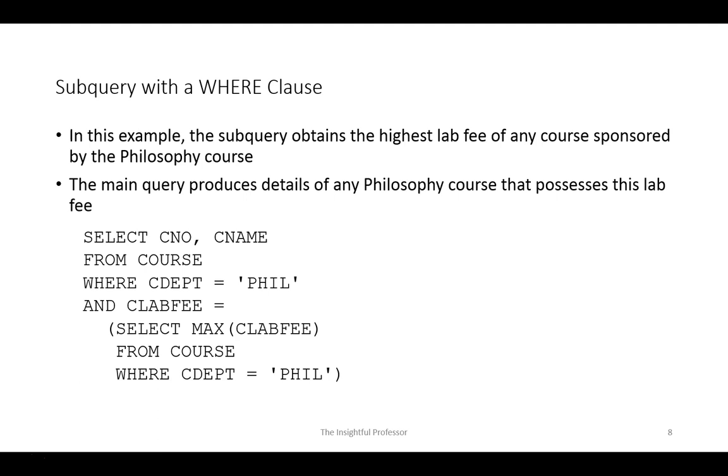So if we only said C department equals philosophy in the main query and omitted that condition from the subquery, it would not be shared, it would not be inherited by the subquery. Likewise, if we had placed the condition only in the subquery and not in the main query, it would not be shared by the main query. It would not percolate up.